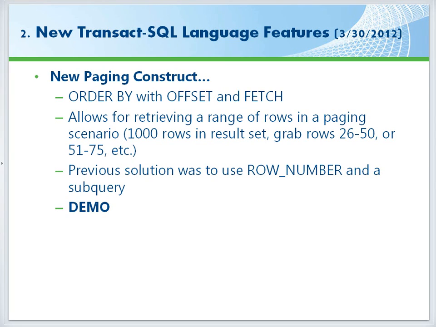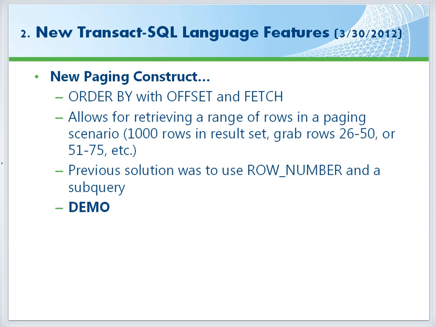We also saw the new paging construct that allows us to add two new optional keywords at the end of an order by statement called offset and fetch. So if you are querying from an ordered set and maybe you want to grab not the first 10 rows, but maybe 10 rows starting in row 41, because you're implementing some kind of paging result set, you can now specify an offset for the number of rows you want to skip, and then how many rows you want to fetch.